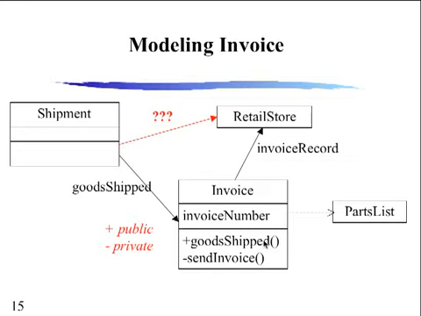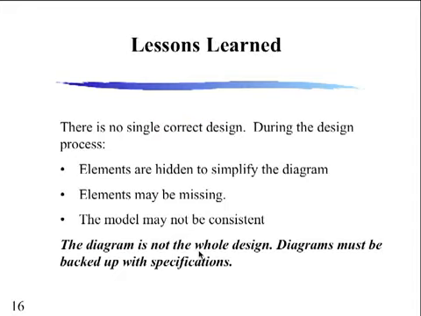If you're the one drawing the diagram and the audience is somebody who is going to be implementing this and not, let's say, the customer, then we can say good shipped is going to be a public method, and send an invoice is going to be a private method that's being run within this invoice class, and we're not going to have exposure to it outside of this class. And we can indicate in the diagram, depending upon the need, what it is we're trying to show, those different types of scenarios as well.